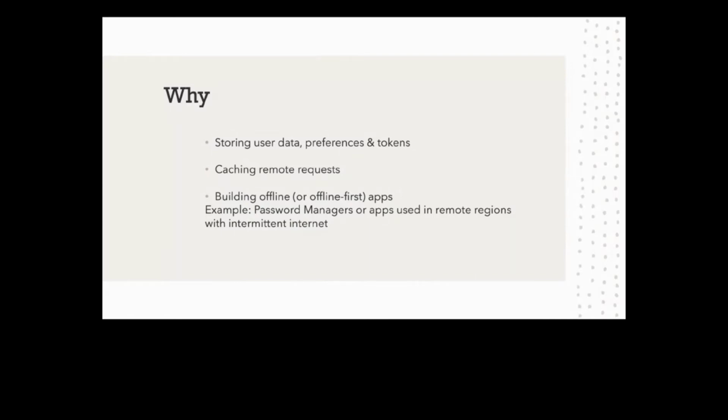Another use is caching data. Let's say you're making requests to the server, and those requests are not changing so much. If they're not changing so much, there may be a need to cache, because let's say you have slow internet and you need to access that data, and it's not changing so much on the server by itself.